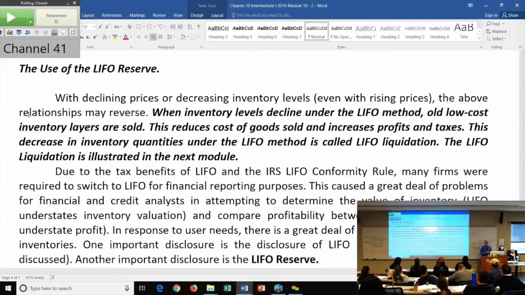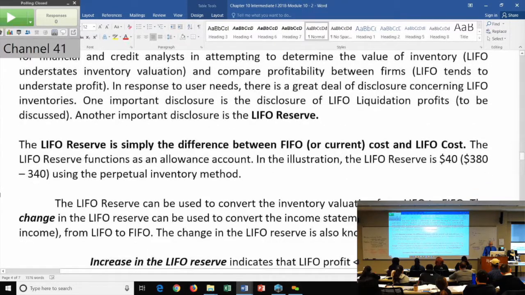So you've got the FIFO numbers, you're only using LIFO because you have to, because you want to get a tax benefit. So we've got the FIFO numbers, so what we do is report them. The difference between the ending inventory under LIFO, ending inventory under FIFO is known as the LIFO reserve. Sometimes it's called an allowance. So in our case, in our perpetual inventory case, the LIFO reserve is 40.